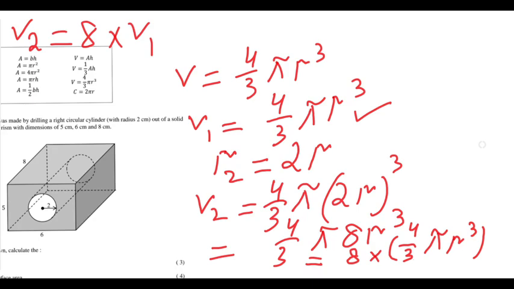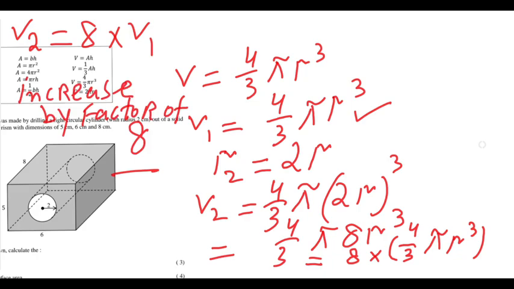So 8 times volume 1, which means the volume increases by a factor of 8. So the volume of the sphere will increase by a factor of 8. So this is my final answer.